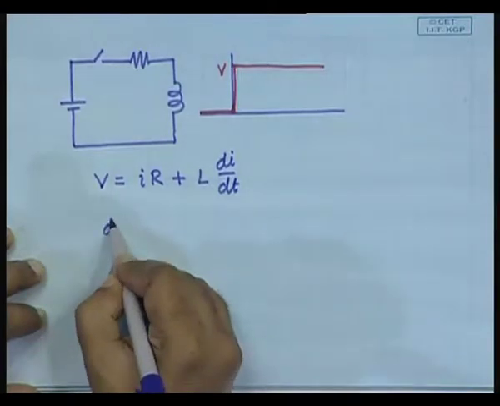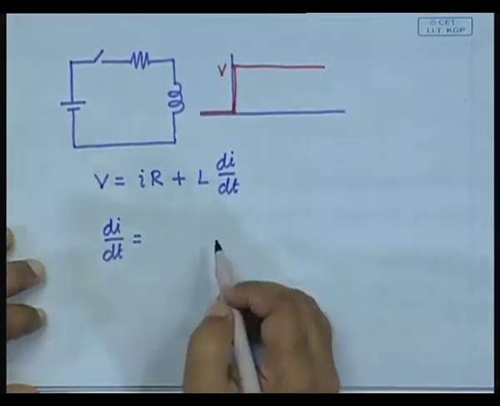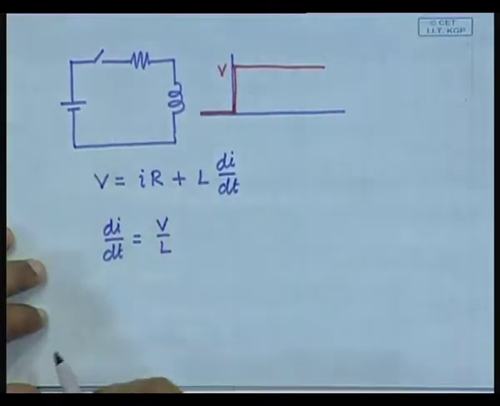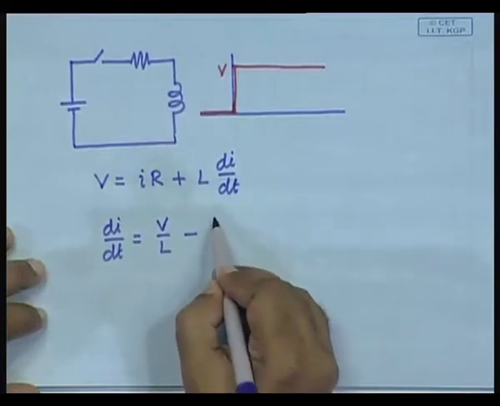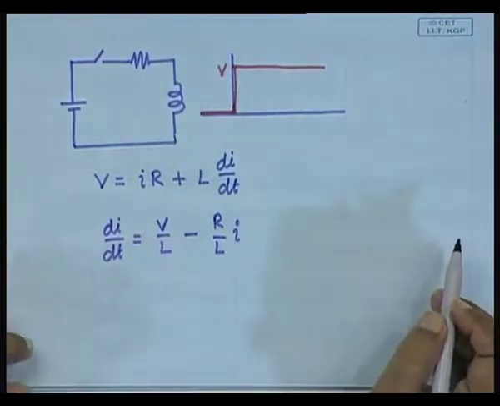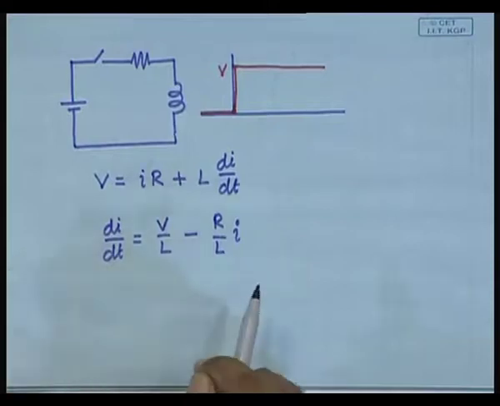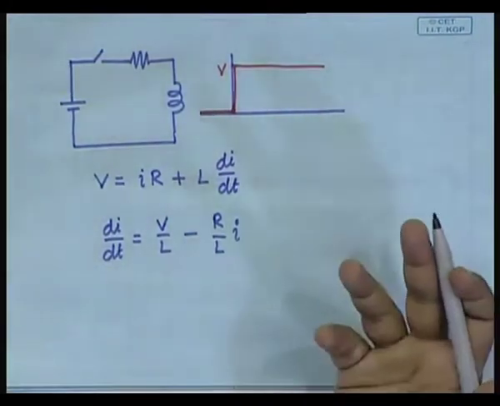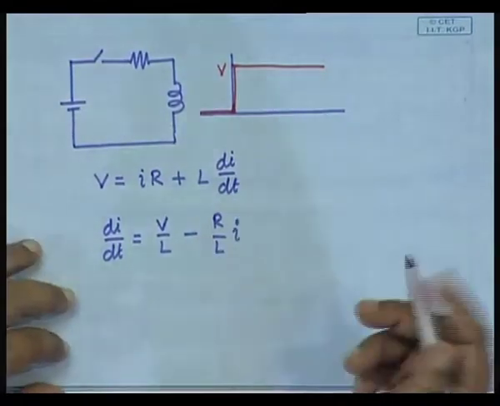So, you have d I dt is equal to V by L minus R I by L. So, we need to obtain the solution of this. This is a one dimensional first order equation. So, it is very easy to obtain the solution of this. Can you all obtain it?